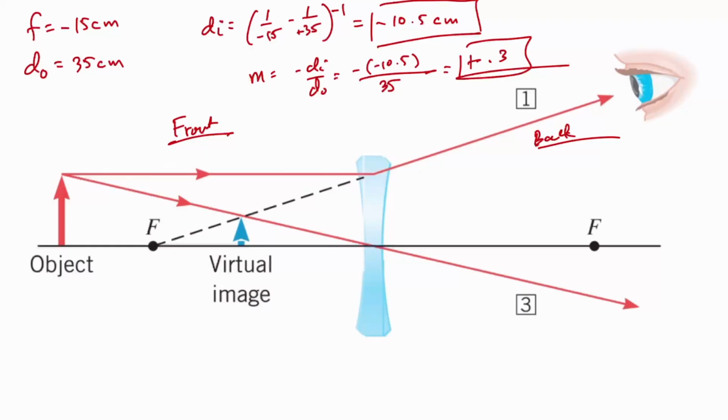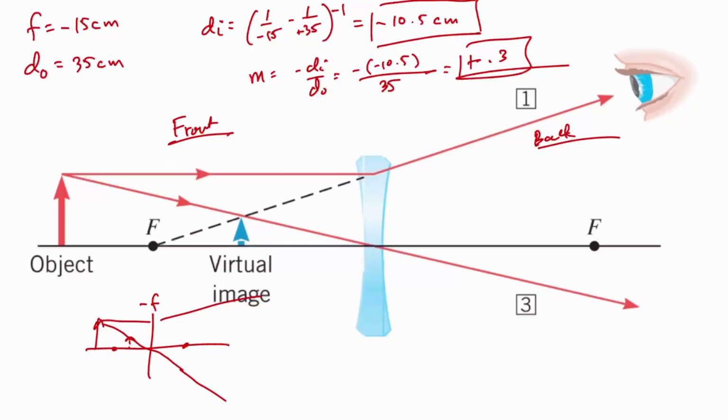So again, the only sketch you need for the diverging lens is this one, where you put your focal points down, you put your object, and maybe you put your virtual image. You can draw rays spreading out from each other if you really need them. But it doesn't matter whether the object goes inside or outside the focal length of a diverging lens, you will always get a virtual image.